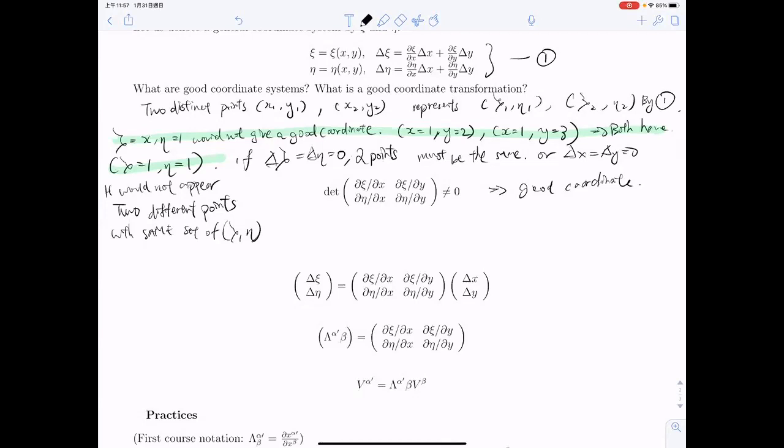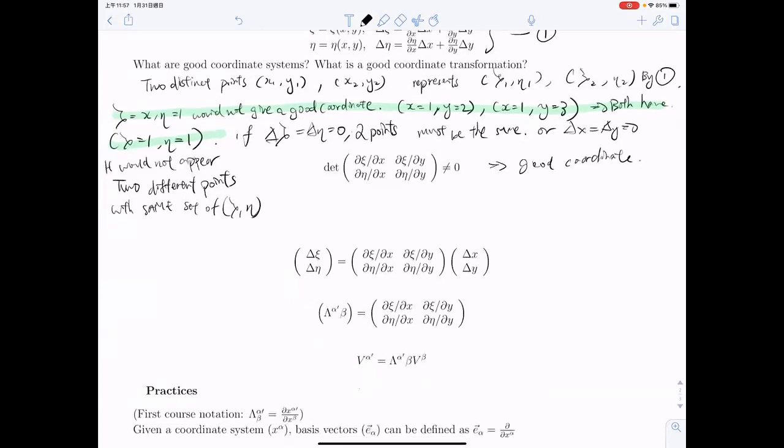They must be one single point. This is the Jacobian of the coordinate transformation.